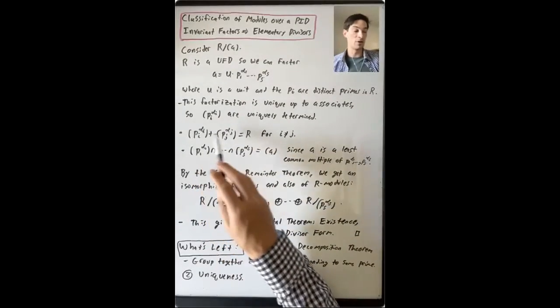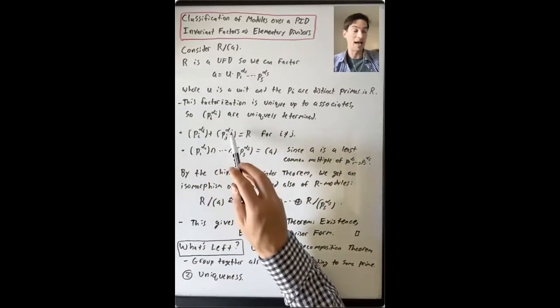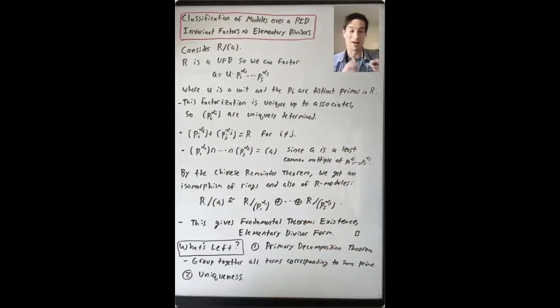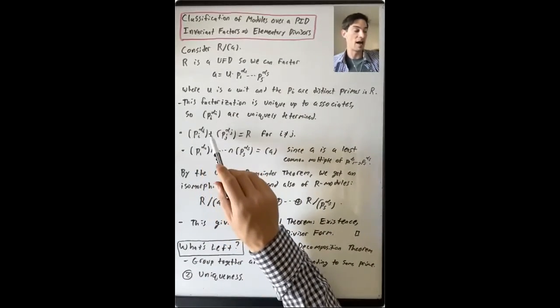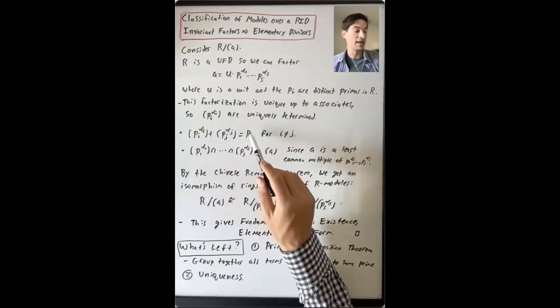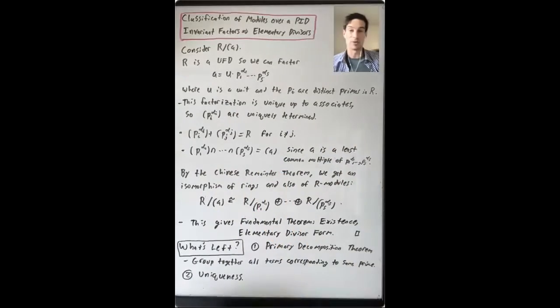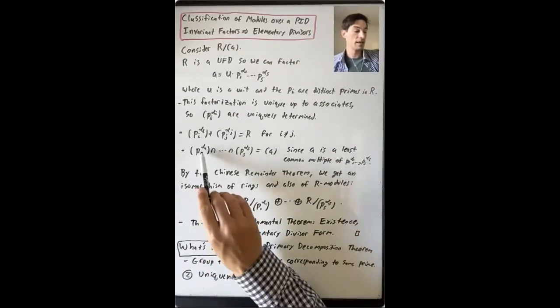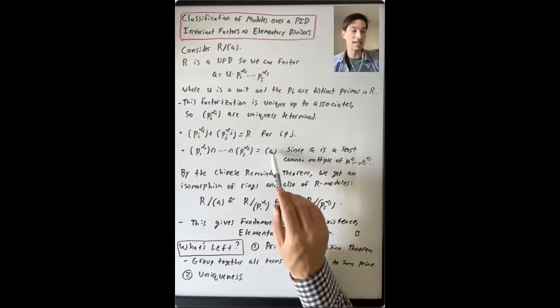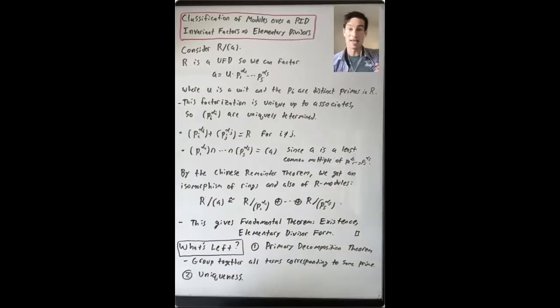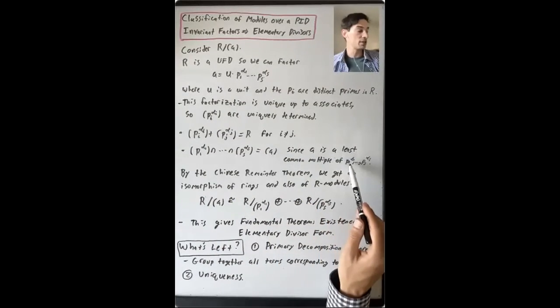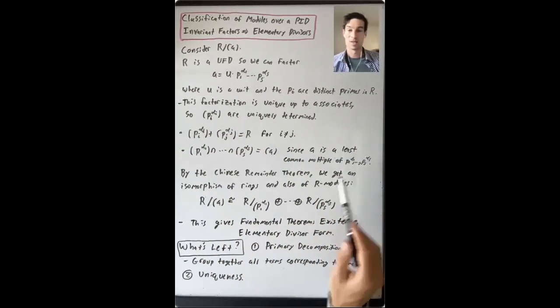All right, so what's true about these ideals? They're co-maximal if you take different pairs. So Pi to the alpha i plus Pj to the alpha j is R when i is not equal to j. The intersection of all these ideals is the ideal generated by A. Why? Because A is the least common multiple of all of these prime powers.